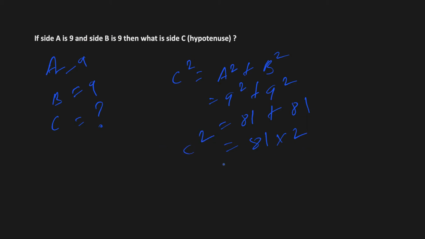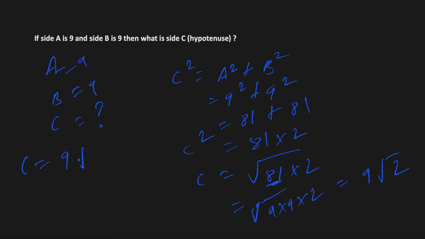So we know c squared is 81 times 2. If we take the square root, we get the square root of 81 times 2. And we know that the square root of 81 is 9. So we can write this as 9 times the square root of 2. Therefore, our hypotenuse c is 9 square root of 2.